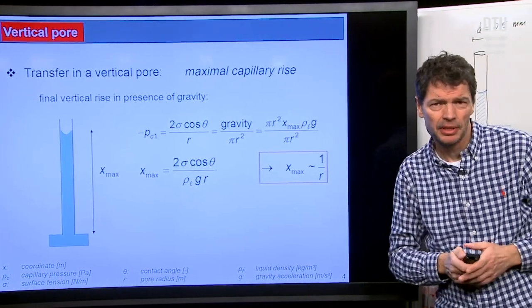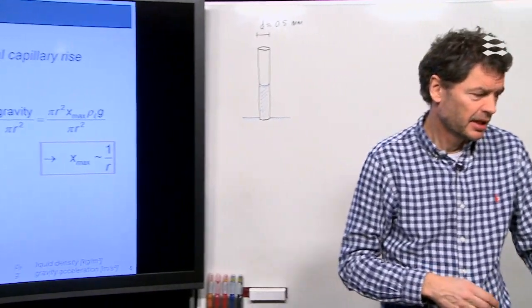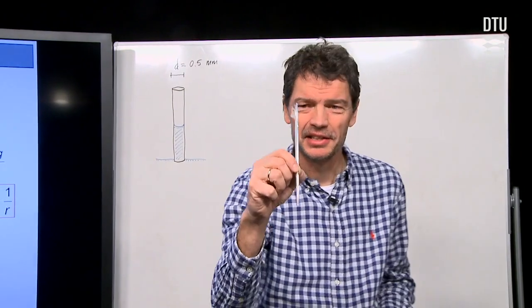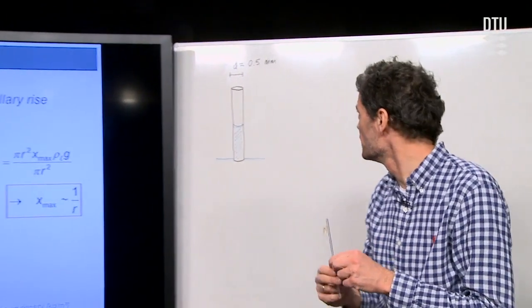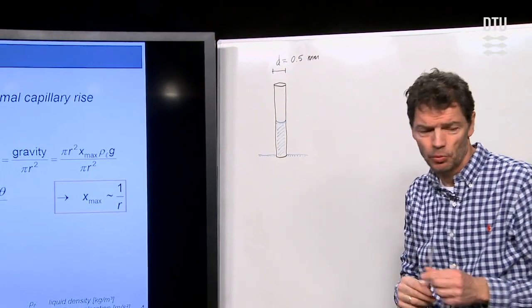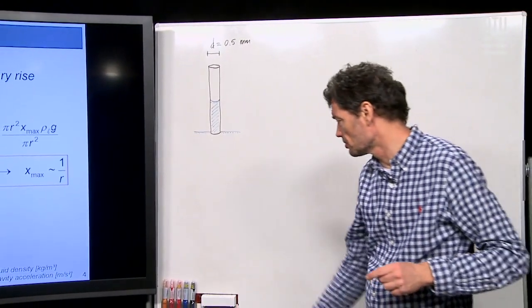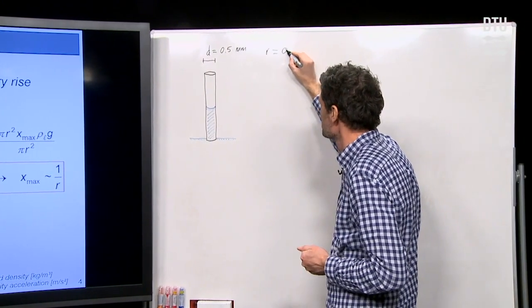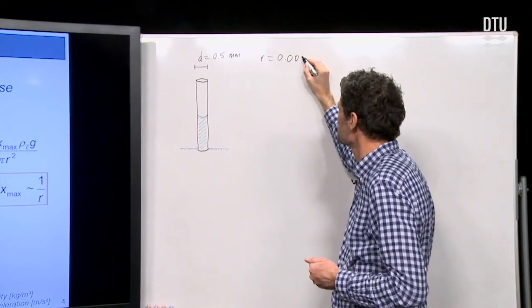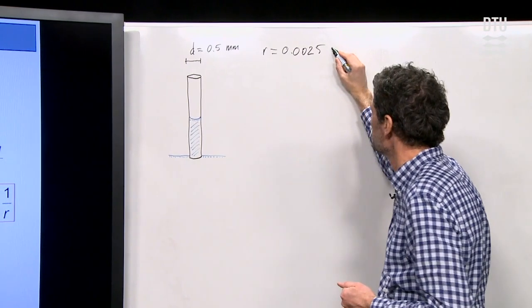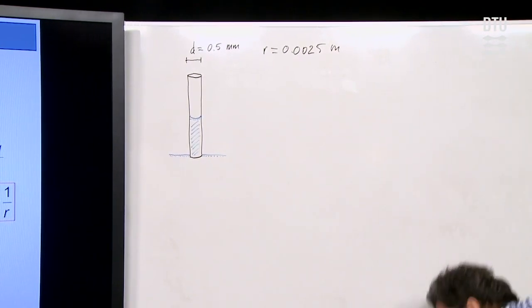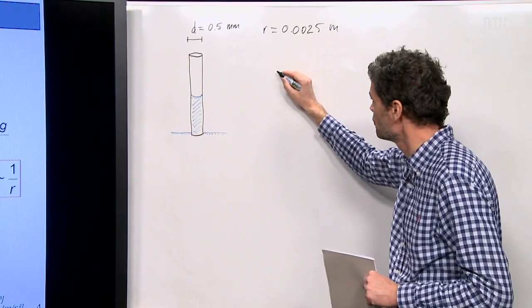Now, I have with me today a small glass pore. Here is my tube, and this tube has a diameter of 1/2 millimeter. So that means that the radius is, now I use SI units, 0.025 meters. And then I can calculate the maximum height as I had it on the slide before.